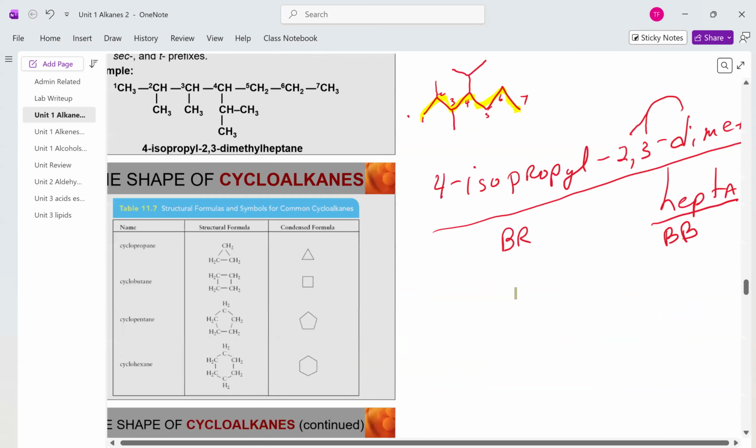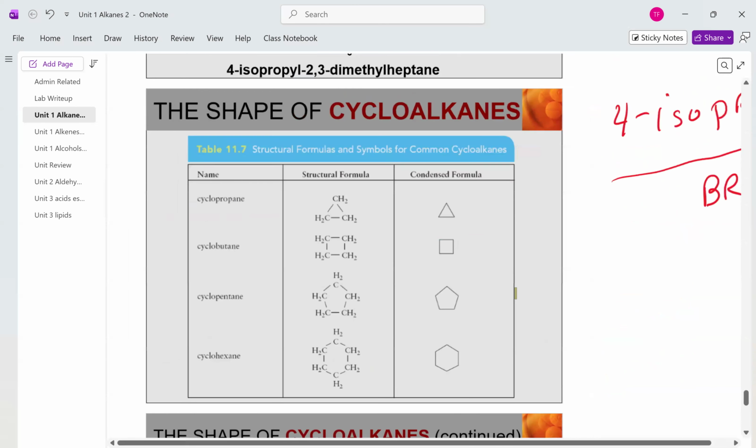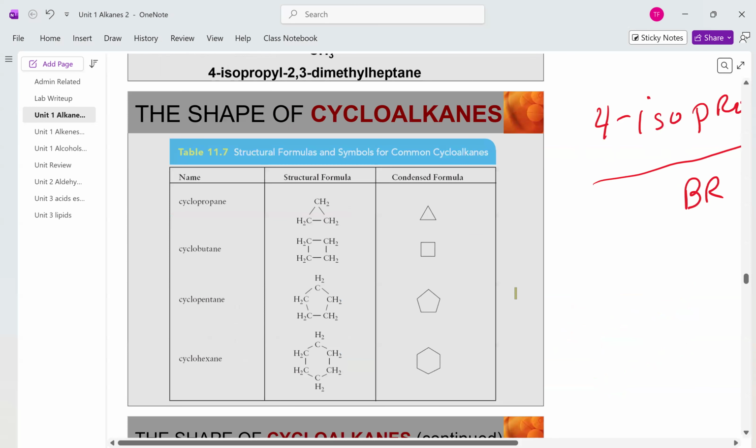So let's get into these cyclic versions. Now, biochemically, a lot of stuff is cyclic. In fact, I would say the majority of molecules are cyclic in the biochemical world. And they're very complex also. That's one of the challenges of biochemistry.